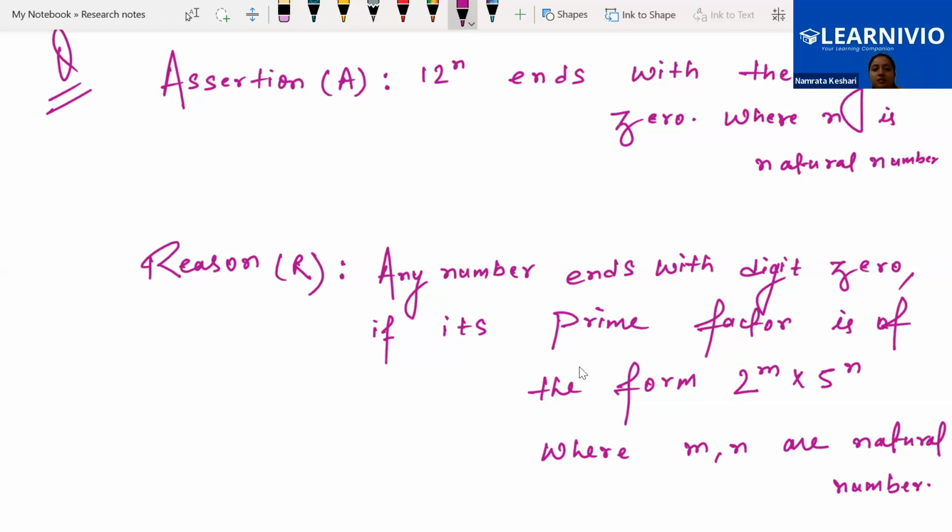Do write this assertion and reason. Okay, ma'am.